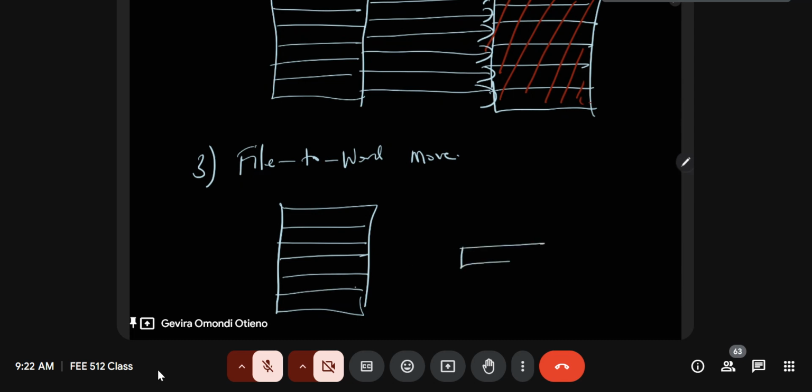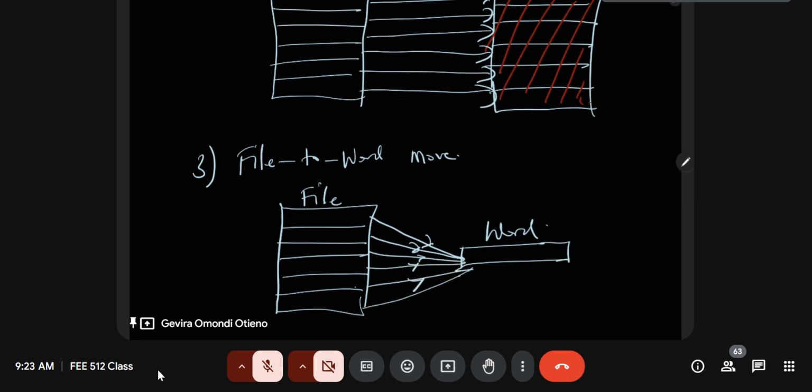And then you have a register, which is a word. Okay. So you have your file there and you have your word there. And so a file to word simply means each of these information is transferred here. Like that. Each one of them is transferred there.